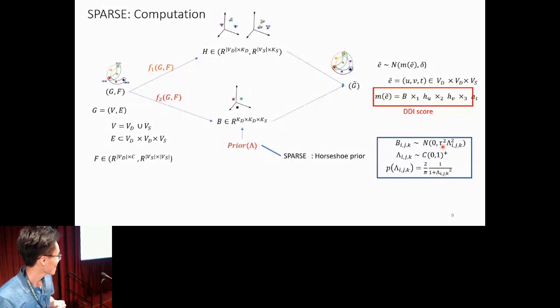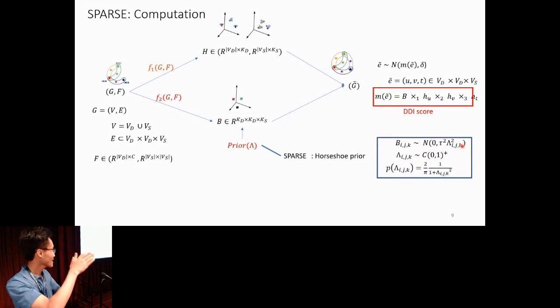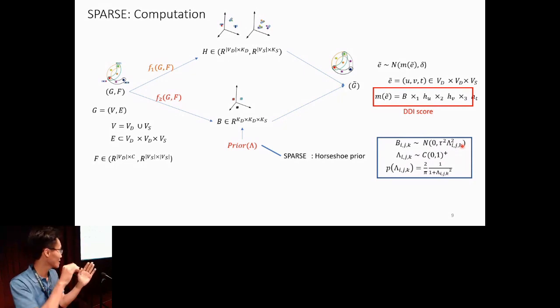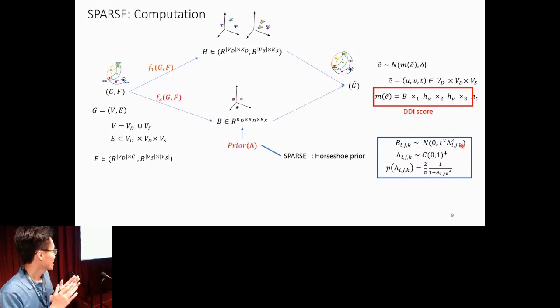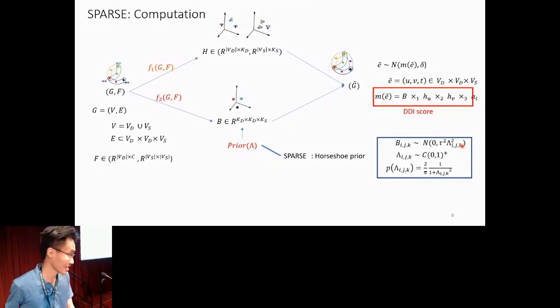And the second one is lambda, which follows the half-Cauchy distribution. It is a heavy-tailed distribution, and it has a main part at zero. It makes the model a little bit sparse, but it also has a long tail and allows the model a probability to have a non-zero value. So overall, the horseshoe prior mainly lets the features shrink to zero, and it allows the model to control how many zero values. So that's the basic. Okay, thanks.